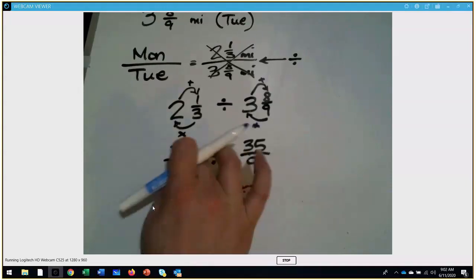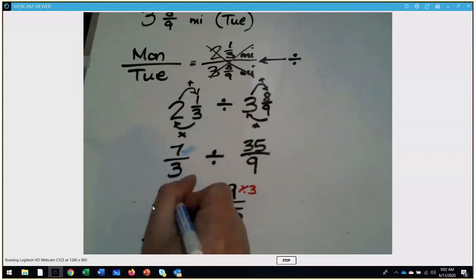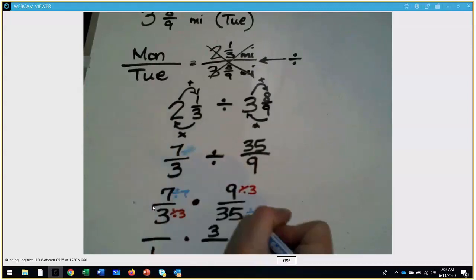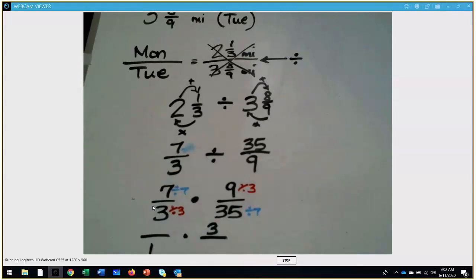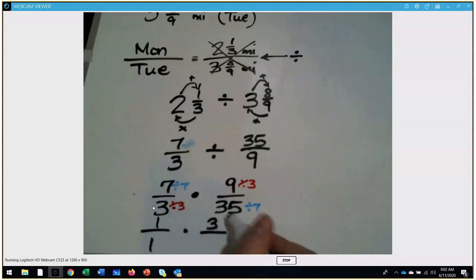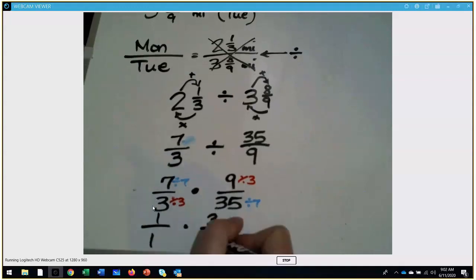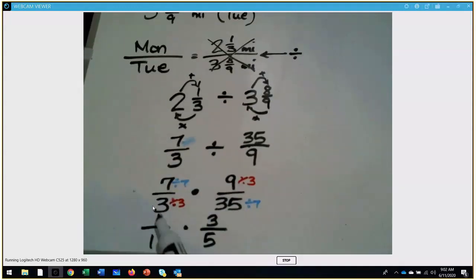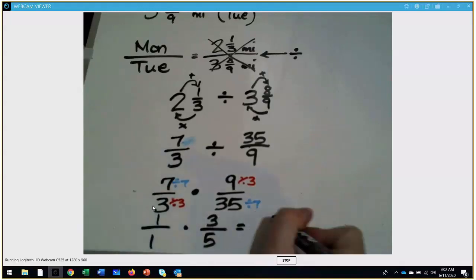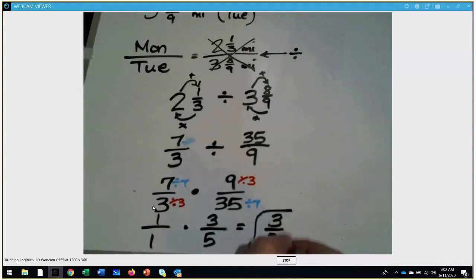Oops, wrong one. 7 divided by 7 is 1. 35 divided by 7 is 5. I can't do anything else with that, so I'm just going to take it straight across. And here's our final answer.